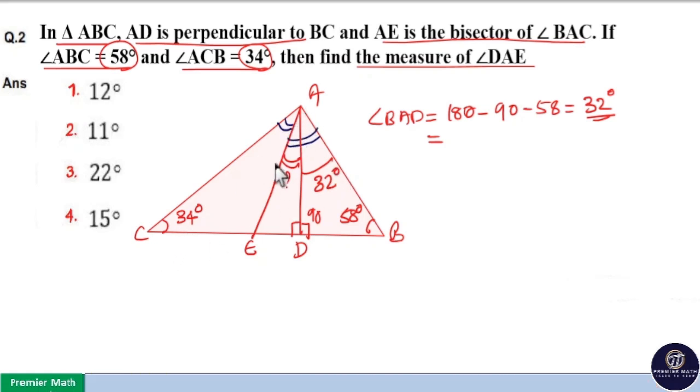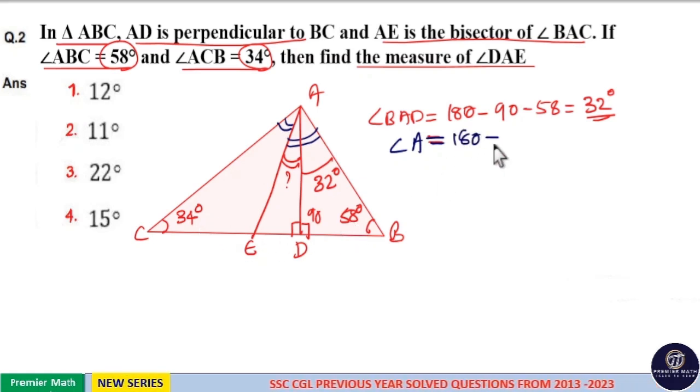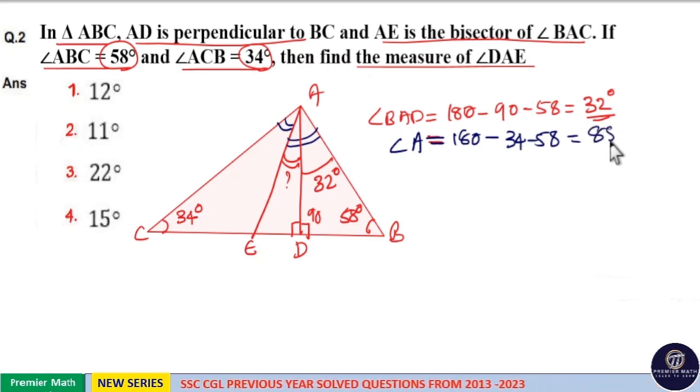And we already know angle A bisects. And here angle C is 34, angle B is 58 degree, which means angle A is equal to 180 minus 34 minus 58. 34 plus 58 is equal to 92. 180 minus 92 is equal to 88 degree.